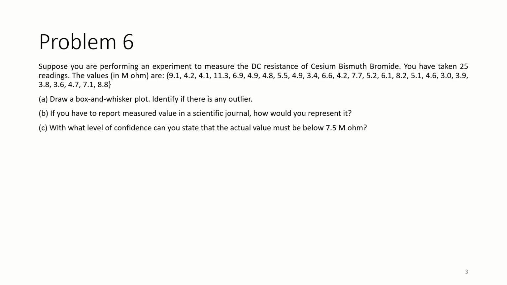Can anybody tell what will be the first step? Rearranging in ascending order, I think. Yes. If you want to try now, you can try now, then we can solve it. I suppose people have not done it yet.